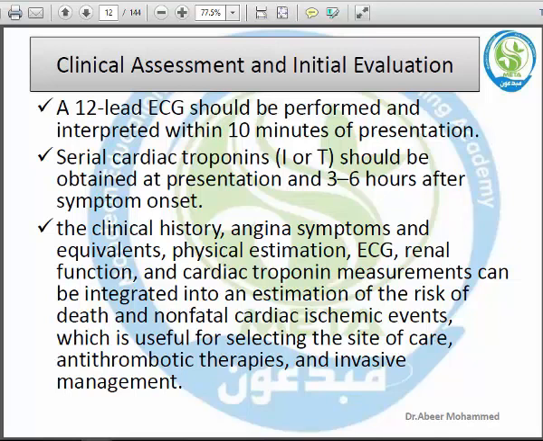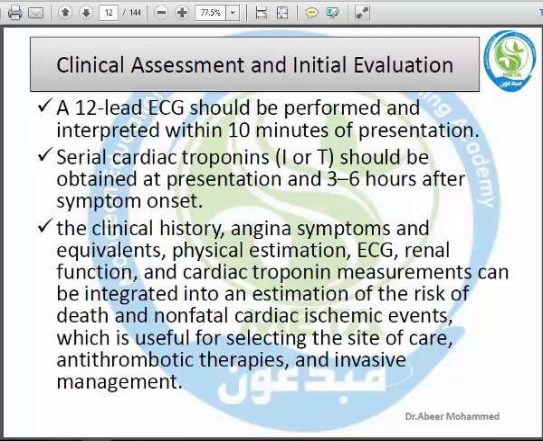ECG should be performed within 10 minutes from the presentation, أول ما العيان يوصل الإمرجنسي. تكون serial cardiac troponin, cardiac biomarkers should be obtained for the patient, and after that immediately, and after 3 to 6 hours also should be obtained.